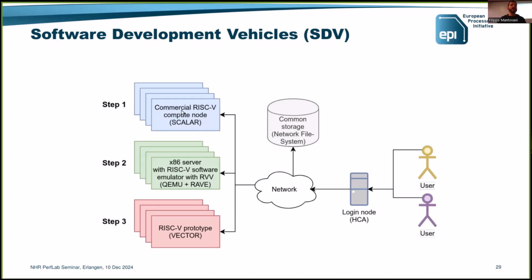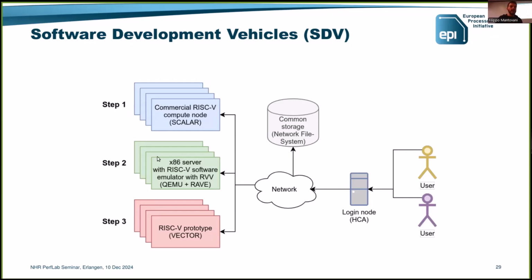The first one is commercial RISC-V scalar nodes, things that you can buy in MediaMarkt, or say, things that are commercial. So you can log in there, compile, and test your code. No vectors, okay? So there you can go and see if your code is running, or if it has, for example, some dependencies on Intel intrinsics or something like this.